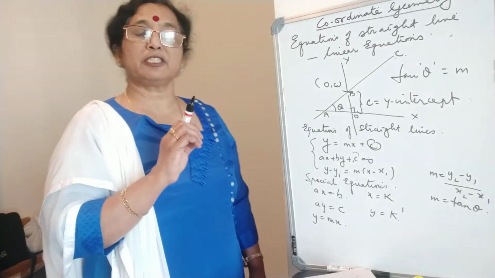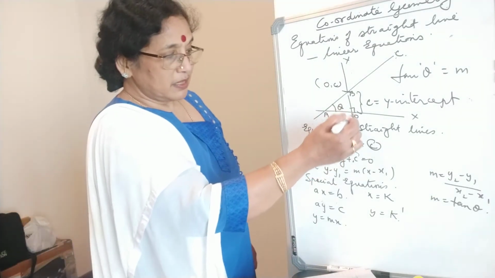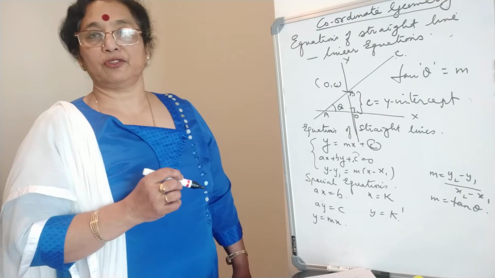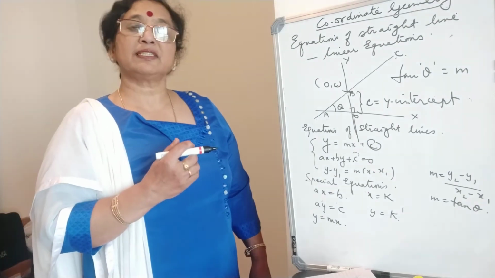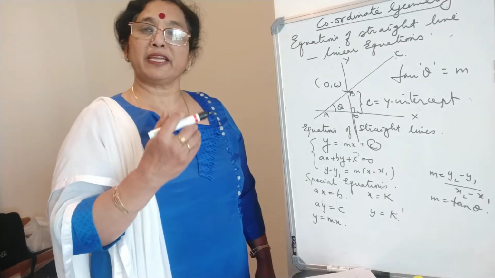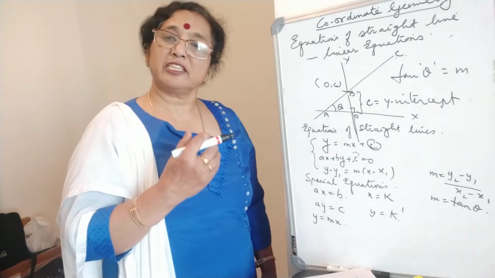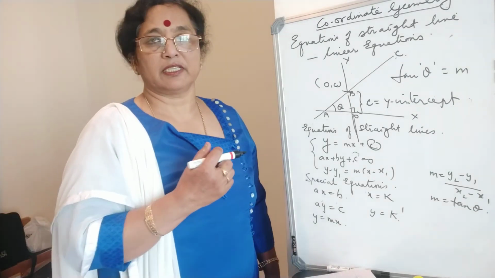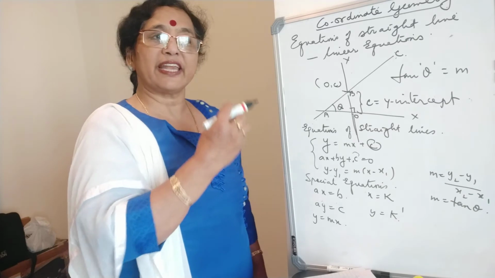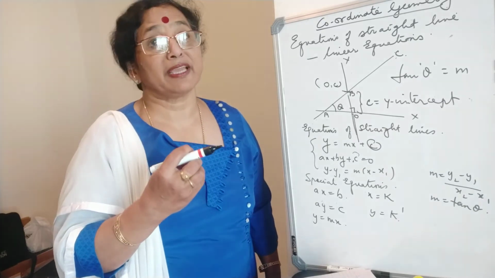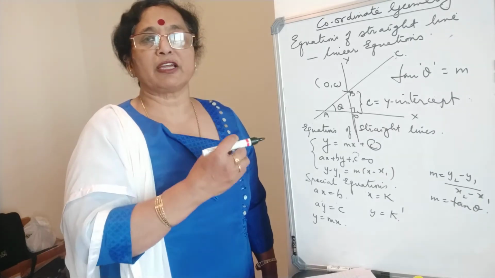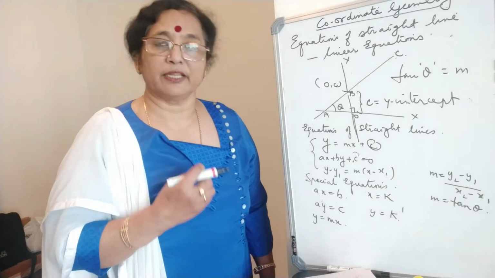If y-intercept is minus 4, it means the line is cutting the y-axis below the origin. So negative, we take with the sign. If y-intercept is minus 5, that means the straight line is passing through 0, minus 5. So you can directly write y equals mx minus 5, and m you can find out as the tangent of the inclination, right?